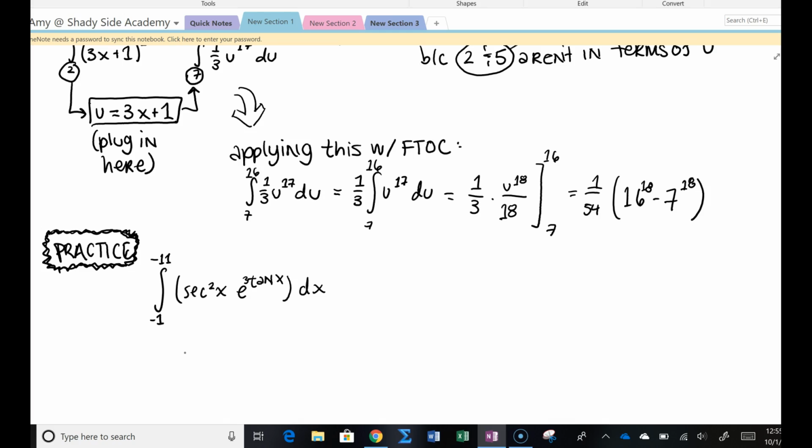Yes, the definite integral has limits of integration, indefinite does not. Are you subbing u in for secant squared x? For definite integration, you don't need the plus C, because you know why? It cancels out. Subtract upper limit minus lower limit. C cancels.